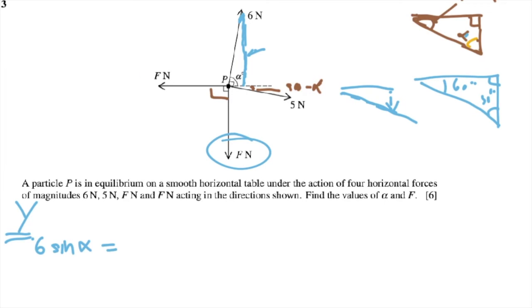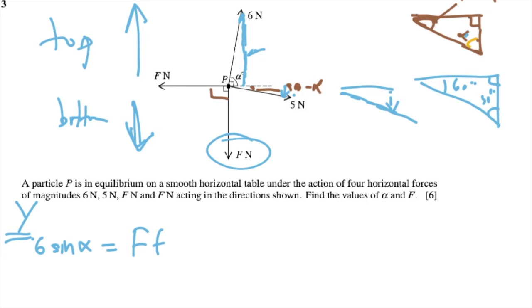What's on top is equal to what's at the bottom. So on top, this should be F plus this one over here, which is negative, but since it is on the other side at the bottom. That's bottom, that's top. Up and down, so I equate what's on the top to what's at the bottom.